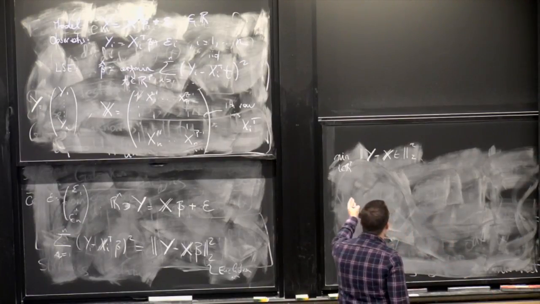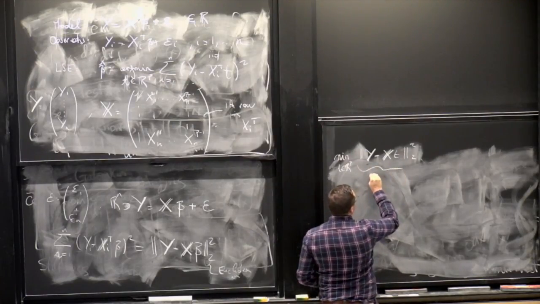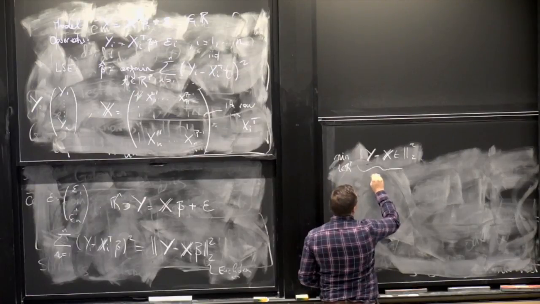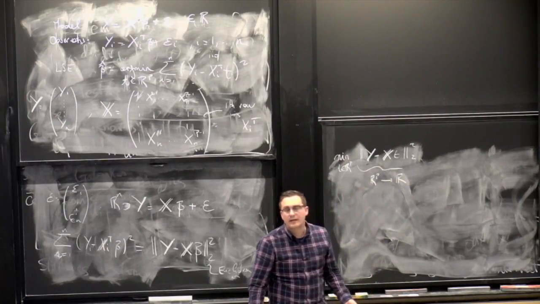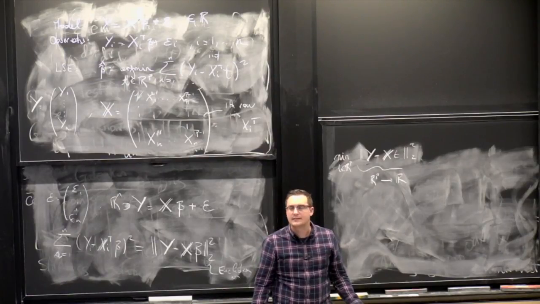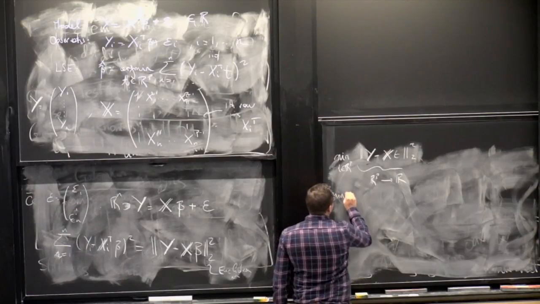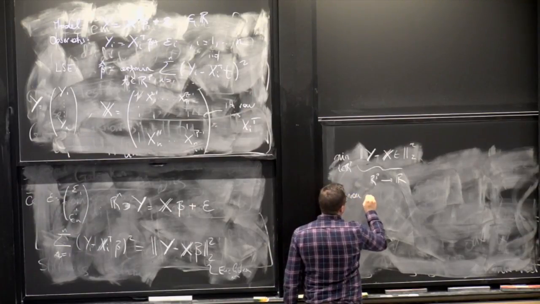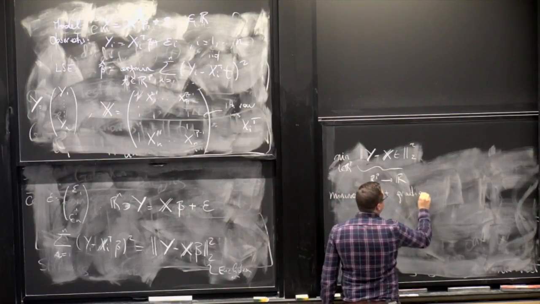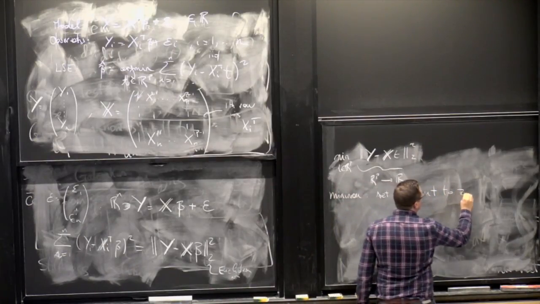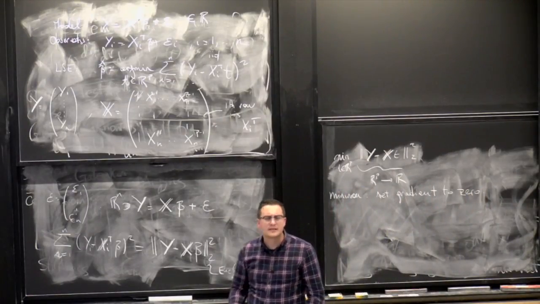I mean, this is a function from Rp to R. And if I want to minimize it, all I have to do is to take its gradient and set it equal to 0. So that's where it becomes a little complicated.